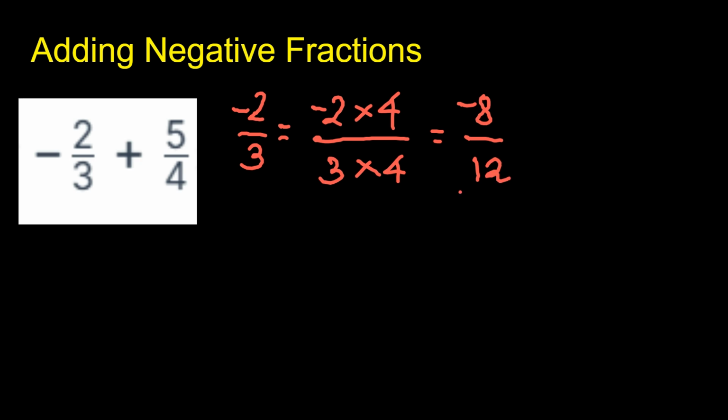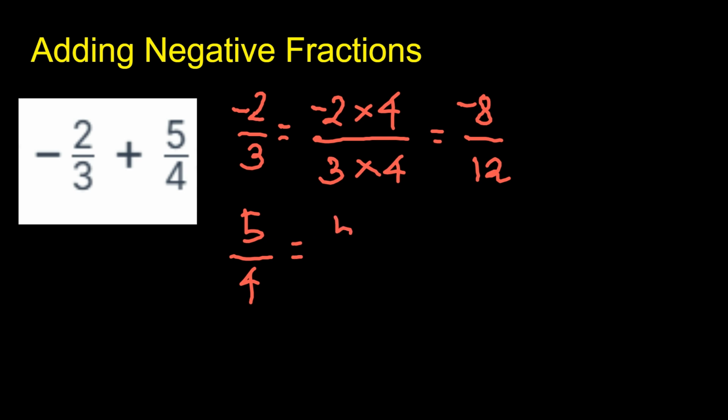Bear in mind that when you multiply your denominator by 4, you must also multiply your numerator by 4. So we have now negative 8 over 12. Then we will also rewrite 5 over 4.